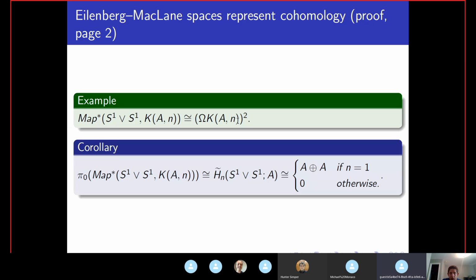The fundamental group of K(A,n) is A when n is 1 and 0 otherwise. And then there's the squared term. So we've computed that the left-hand side is A plus A if n is 1 and 0 otherwise. The square behaves super nicely with taking pi 0. Squares are nice with taking any homotopy groups, not just pi 0.